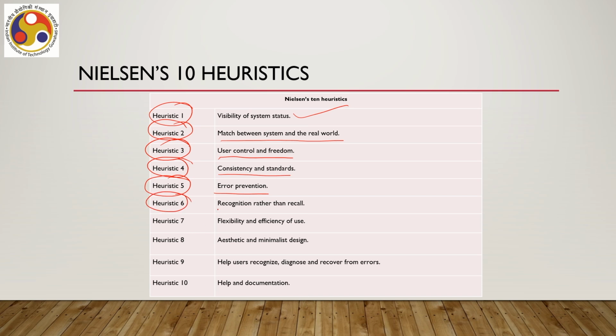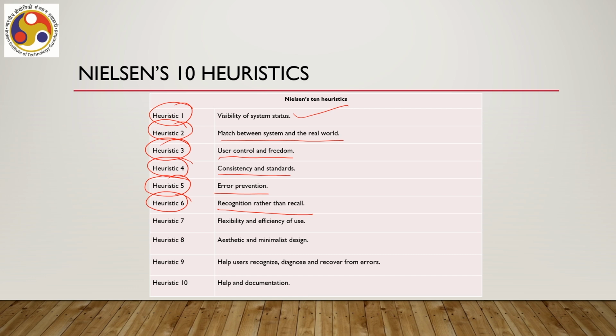Heuristic 6, recognition rather than recall. That means in order to perform a task, whether the user is forced to remember things rather than recognize from some element what to do. Note that recollection is always difficult as compared to recognition of certain activities. For example, just by looking at a button, we know that it needs to be pressed.